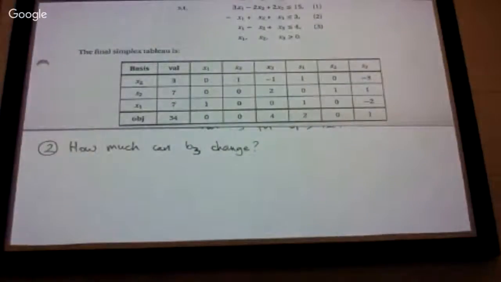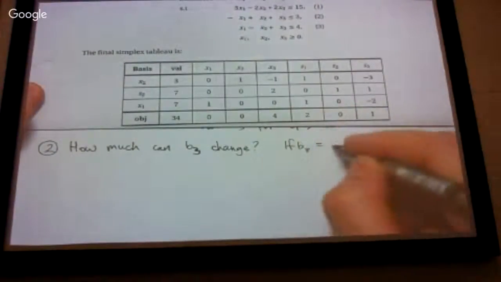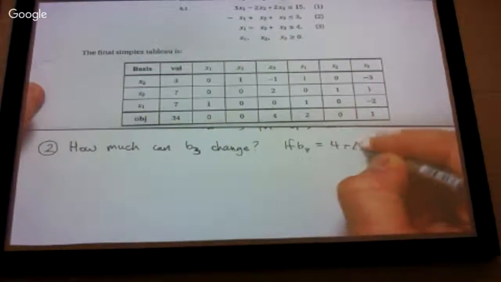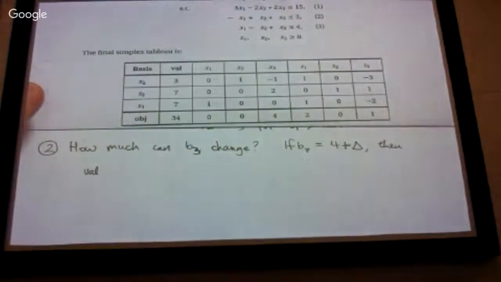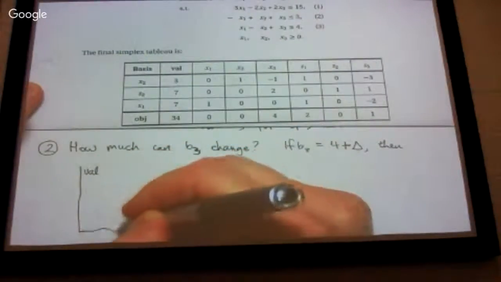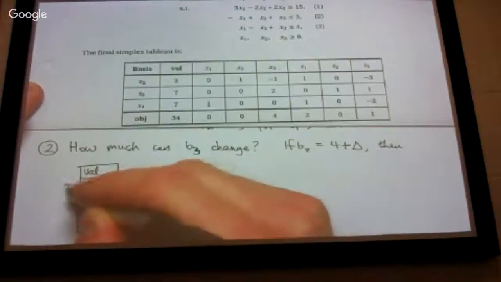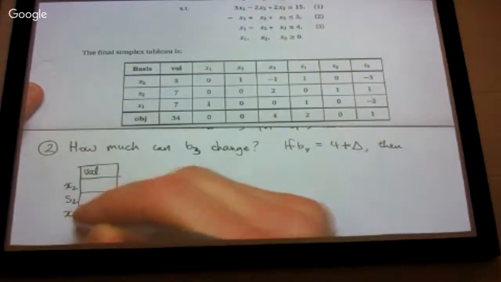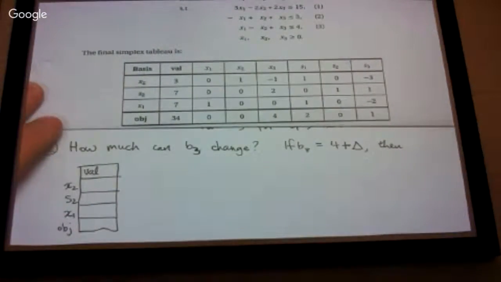Have you got it yet? So if B3 is 4 plus delta, see, it was 4 in the original problem. What do we get?